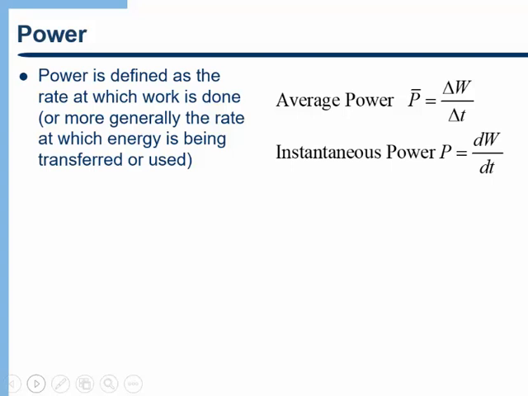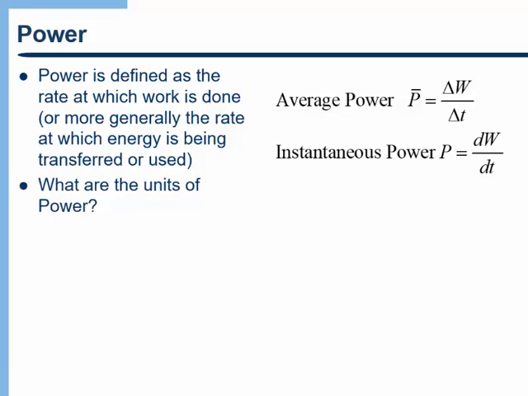Remember, work is just how we give an object energy, so work is energy. Average power is the amount of work we do per time. Instantaneous power is a derivative. So it's just the rate at which we use energy. That's what power is.